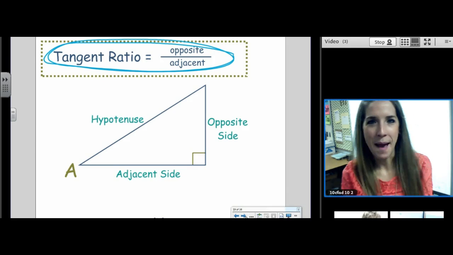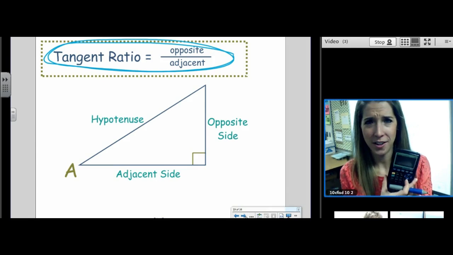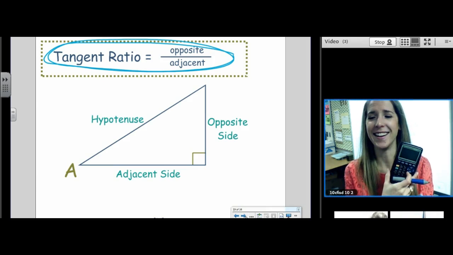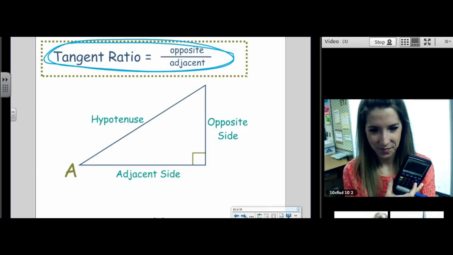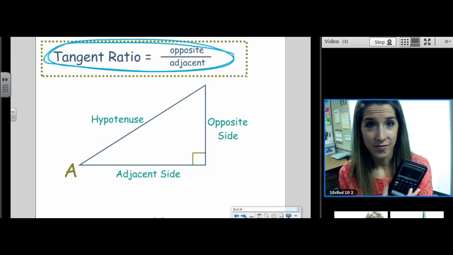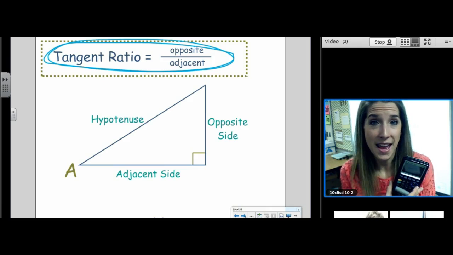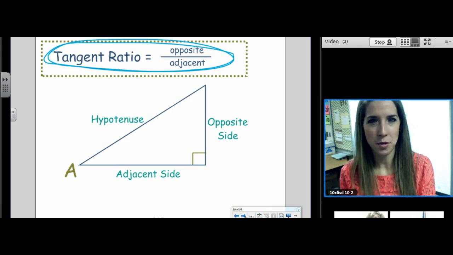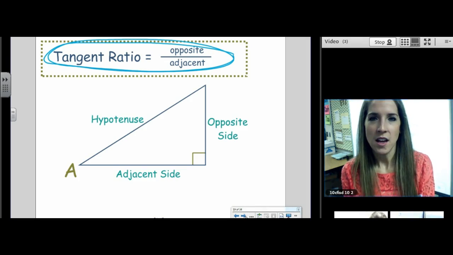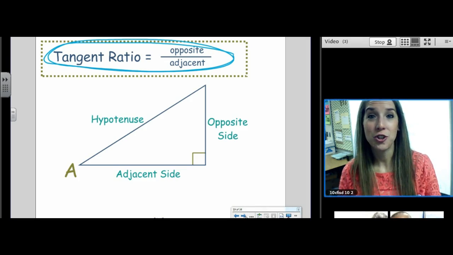Do you know what they did back in the day when they didn't have calculators to do trig? They cried. Math. They did math. They had tables. You can't do trig by hand, kind of like you can't take a square root by hand and turn it into a decimal. So they had trig tables.